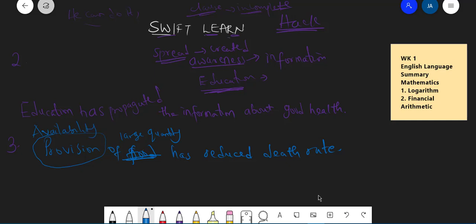Maybe we'll go with your provision. Instead of availability, you can put access. Do you see? Access to enough, or I will not use the word enough because in this sentence they talked about food is just available. So you can use the word large quantity of food has reduced death rate.